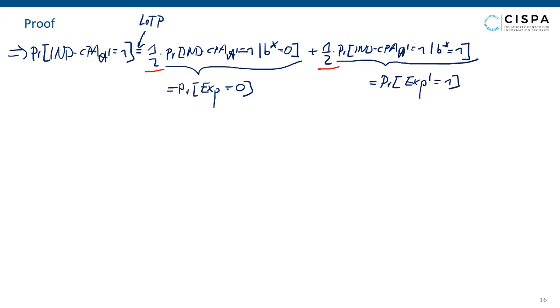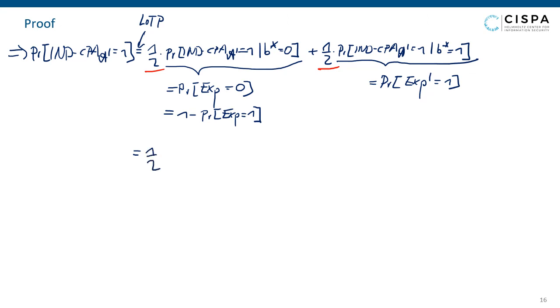But since exp is a random variable which can only be either 0 or 1, the probability that exp is 0 is of course 1 minus the probability that exp equals 1. Okay, so we can rewrite this as 1/2.